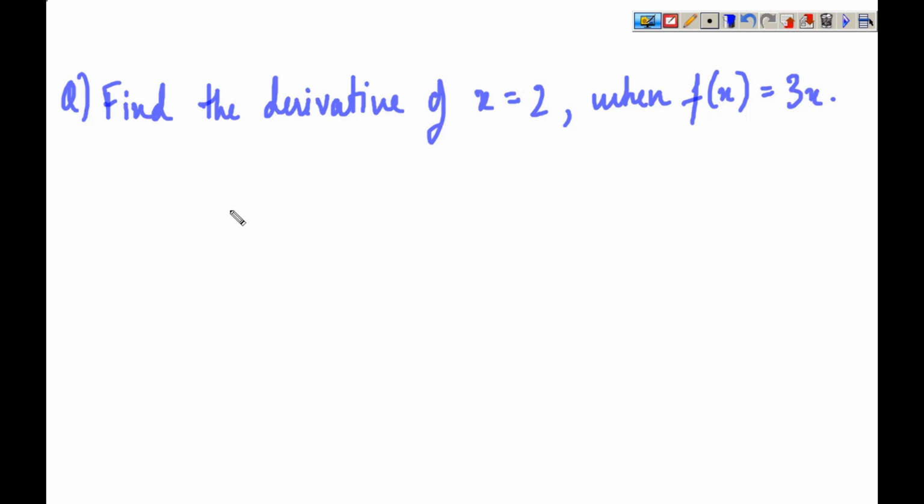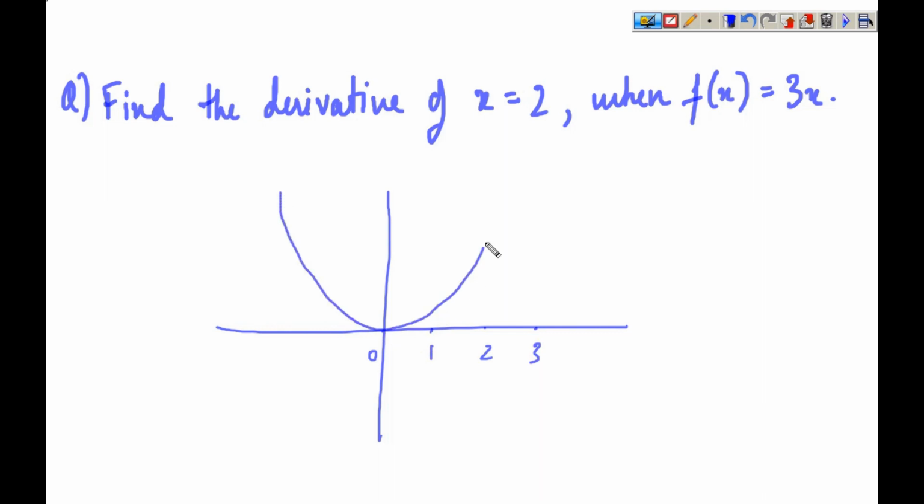Now we can use the previous formula, but also by making a graph of this function it'll be a little bit clearer. So if I make a graph of this function like this, let's say it's 0 here, and then 1, then 2, and then 3. It is increasing like this.